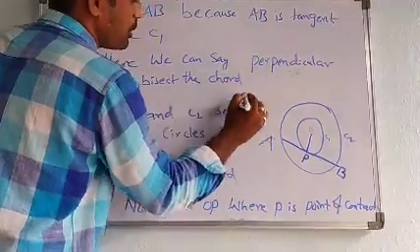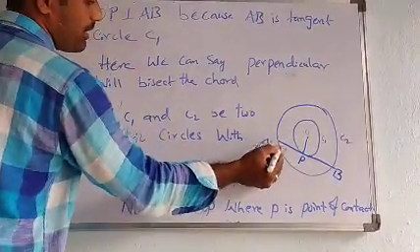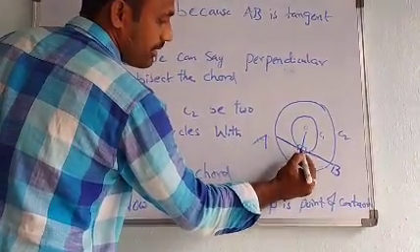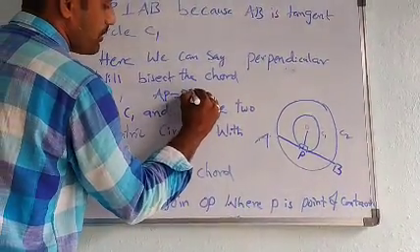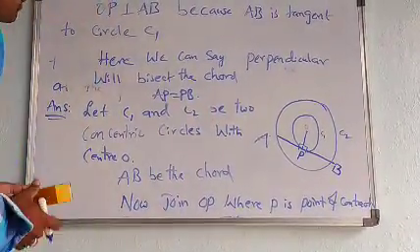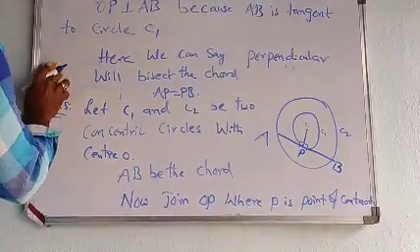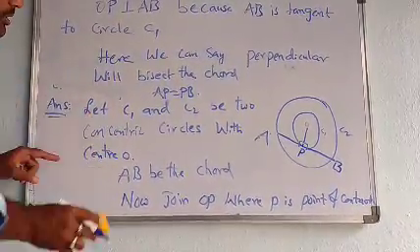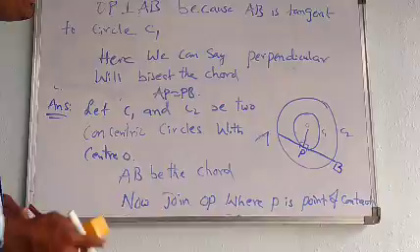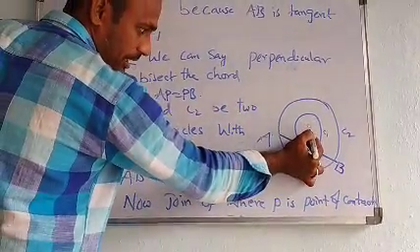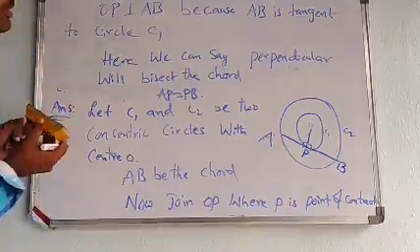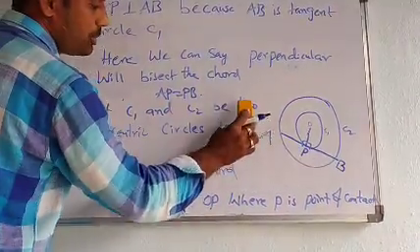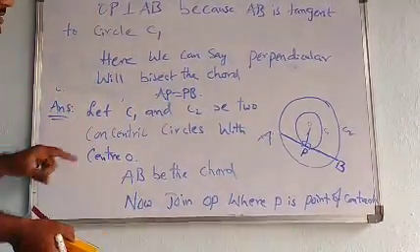So this is the perpendicular here, and by the theorem we can say that AP is equal to PB. This is the theorem which we need to prove. If we draw a perpendicular from the center, then automatically AP will be equal to PB. So the perpendicular will divide the chord into two equal parts. So this is the proof.